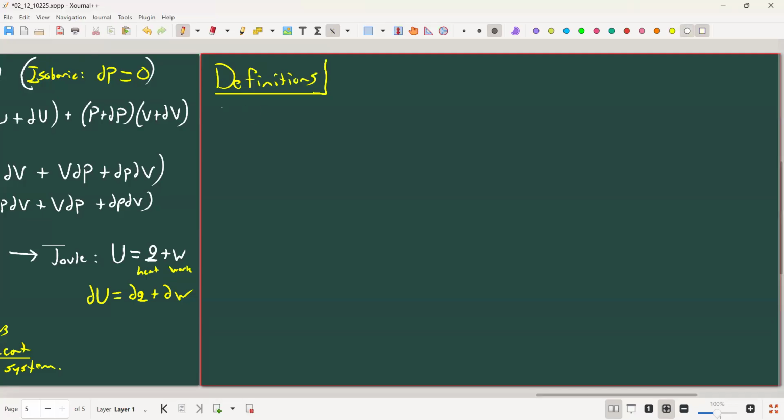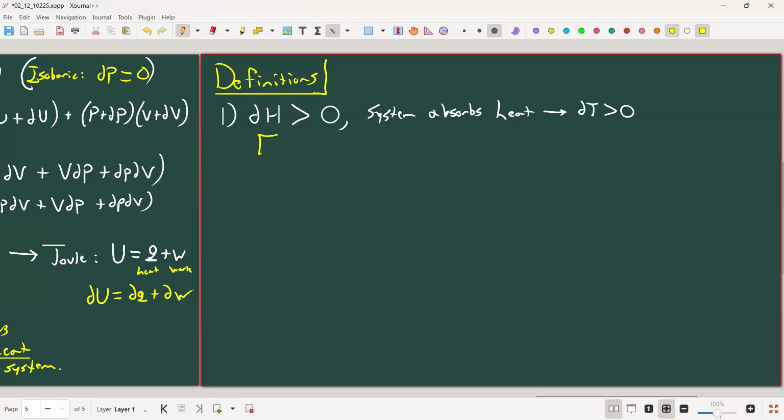When we say that dH is greater than 0, this means that our flask is absorbing heat. If it's not at constant temperature, we know what that means. That means that the temperature increases. And the term we call this is endothermic.